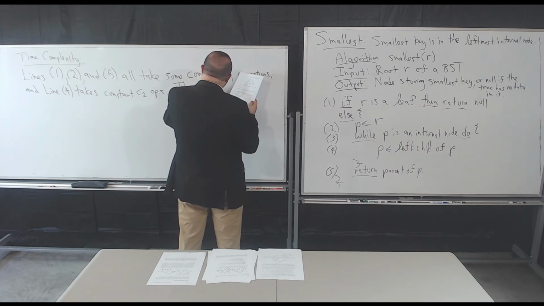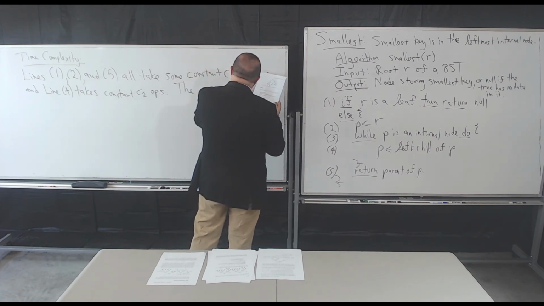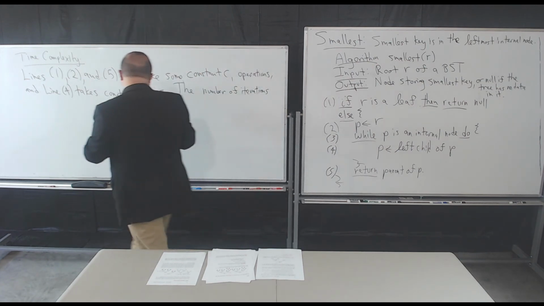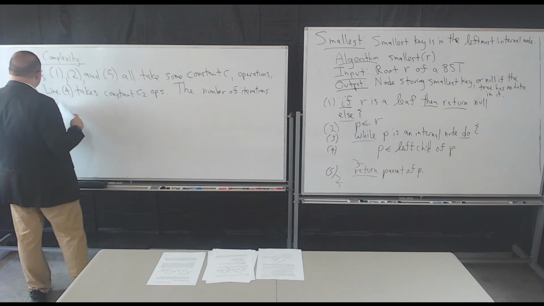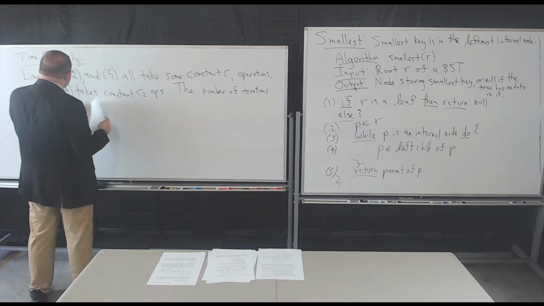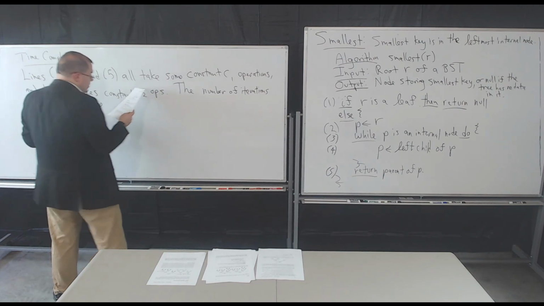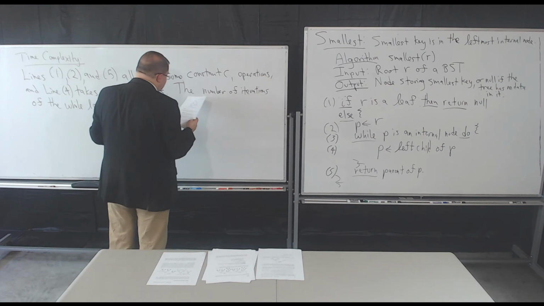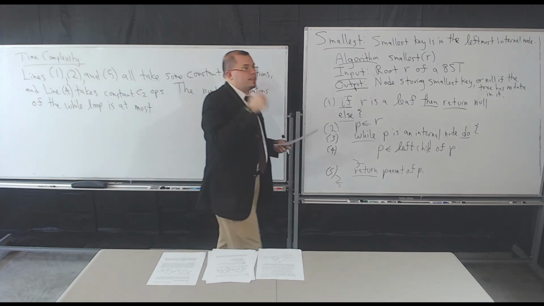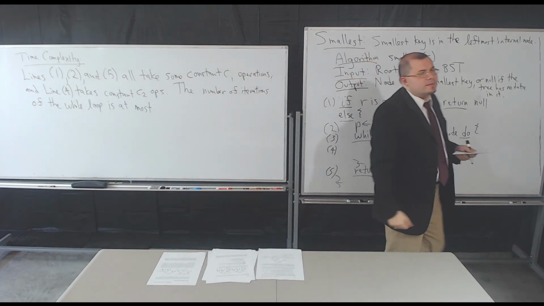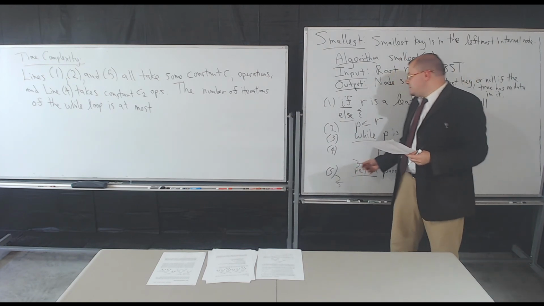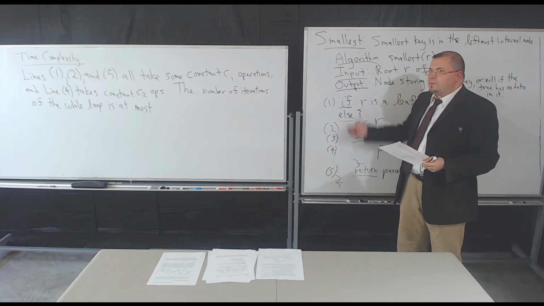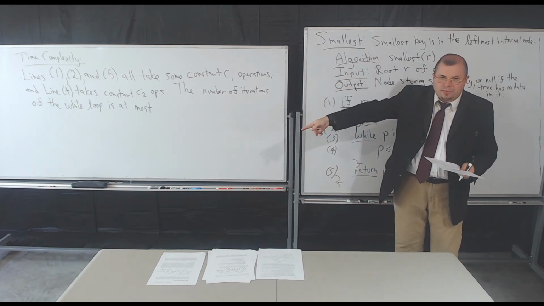So the number of iterations of the while loop is at most what? Okay, so I start off at the root and I go left, right? However, how many times do I potentially have to execute this line here? Well, I do it once. I go all the way down the left, right?